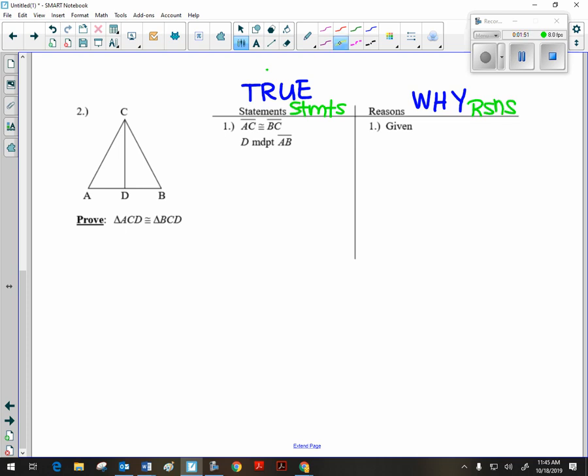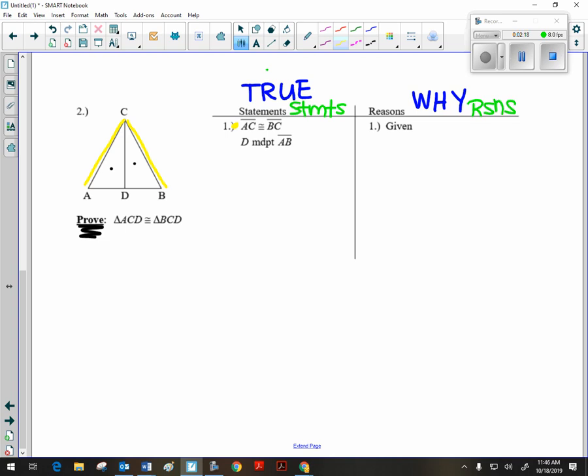So when I take a look at the first piece of given information, I can see that they're telling me in the very first line that line segment AC and line segment BC are congruent to each other. When I look at what the prove line says, the prove line says that I am supposed to make the triangle on the left congruent to the triangle on the right.